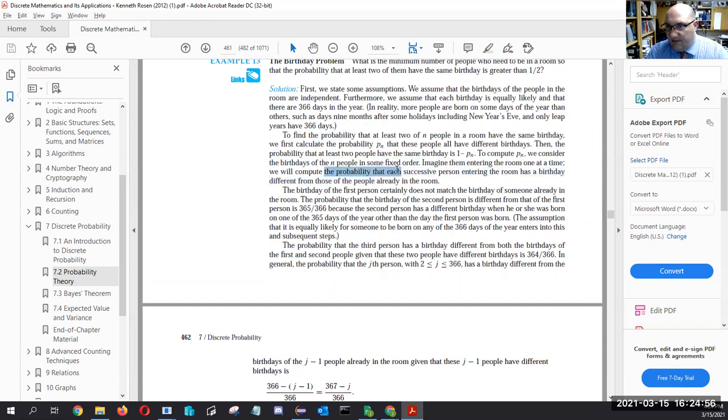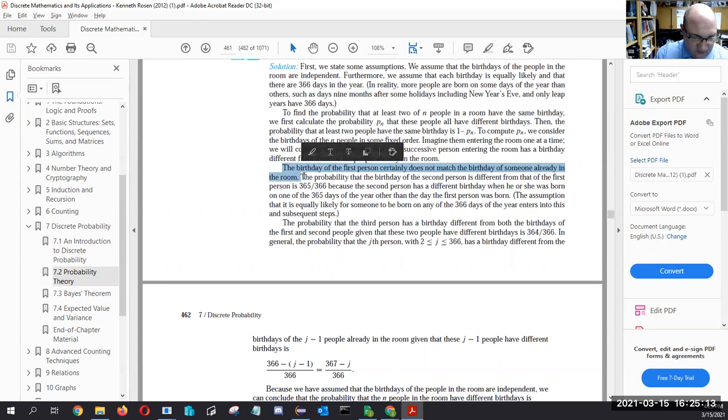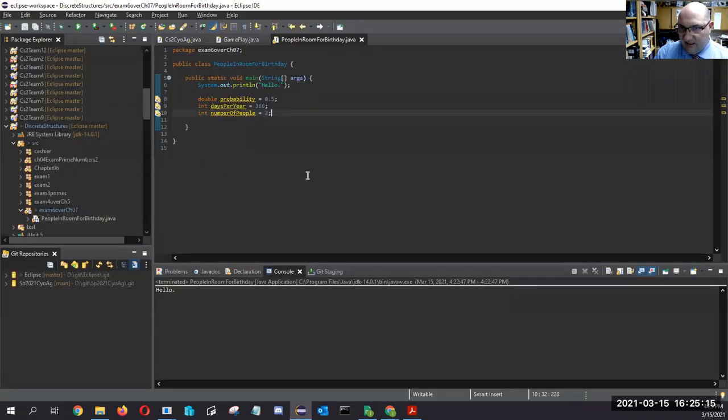Imagine them entering a room one at a time. We'll compute the probability that each successive person entering the room has a birthday different from those already in the room. The birthday of the first person certainly does not match that of anybody in the room. So we can come back in here.